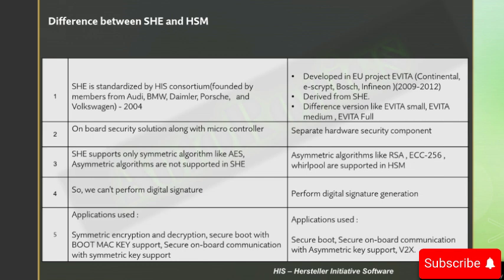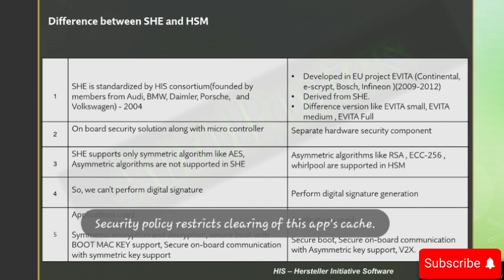SHE can be used for symmetric encryption and decryption. It can be used for secure boot with bootmac key support, and can be used for secure onboard communication with symmetric key support. Whereas HSM is used as a solution for secure boot and secure onboard communication with asymmetric support.